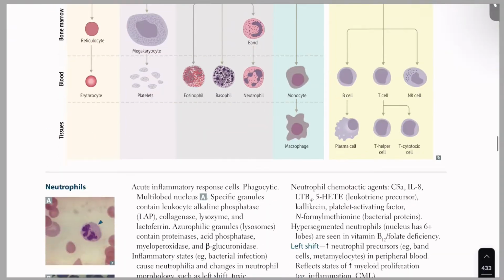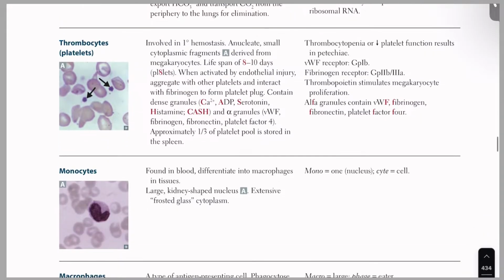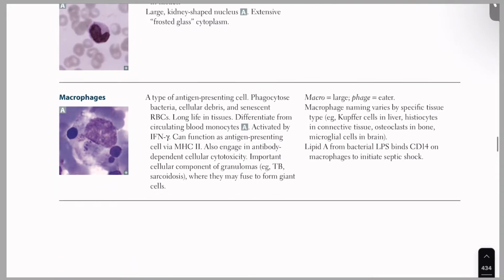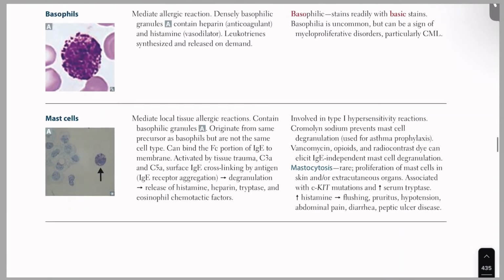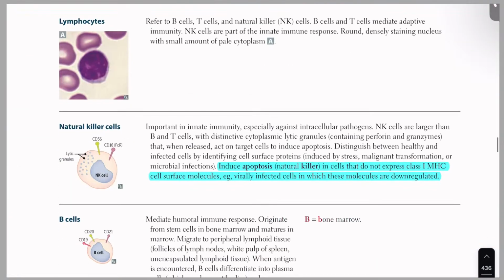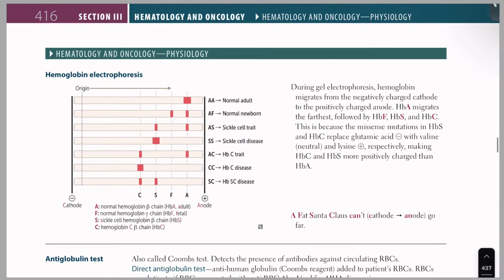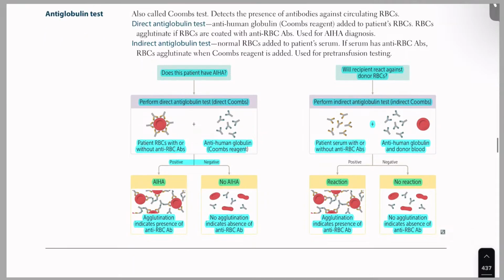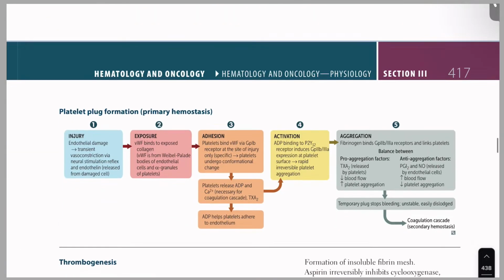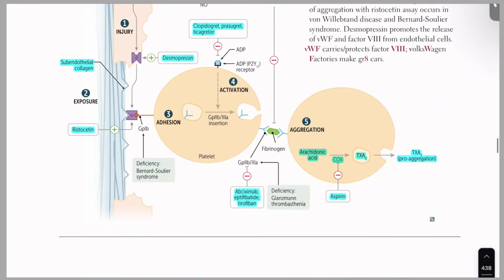We started from erythrocytes, thrombocytes or platelets, monocytes, macrophages, dendritic cells, eosinophils, basophils, mast cells, lymphocytes, natural killer cells, B cells, T cells, plasma cells. We started with physiology: hemoglobin electrophoresis, agglutination test, platelet plug formation, primary hemostasis, and thrombogenesis.